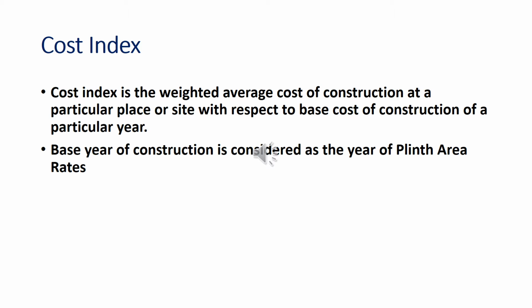It means suppose a cost index is to be found out, and it will be for a particular place or particular site, and also with respect to a base year or month of year. Normally, base year of construction is considered as the year of plinth area rates of the buildings.